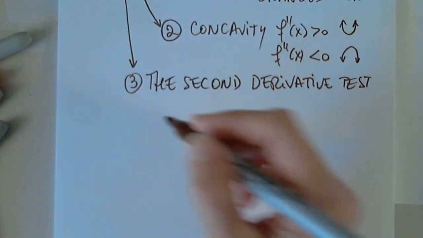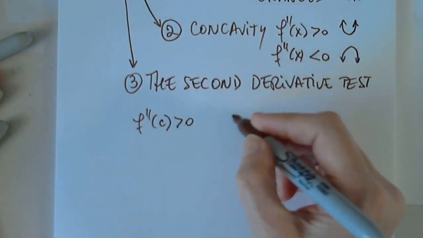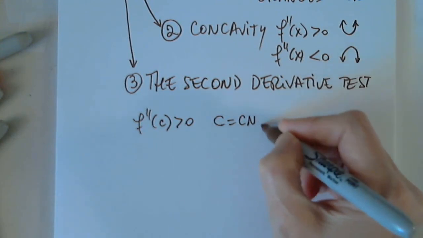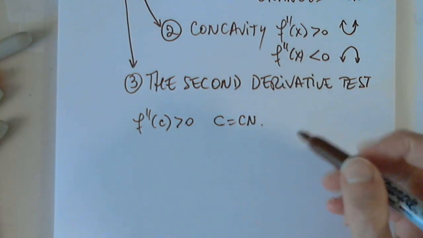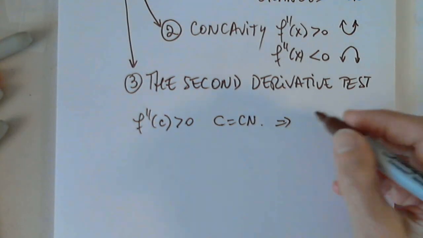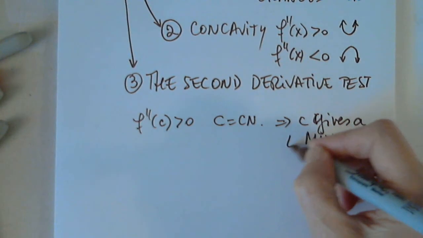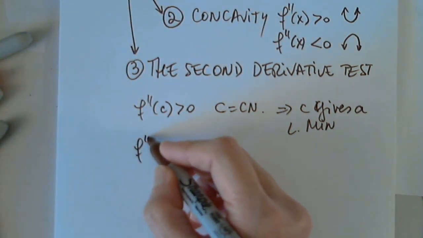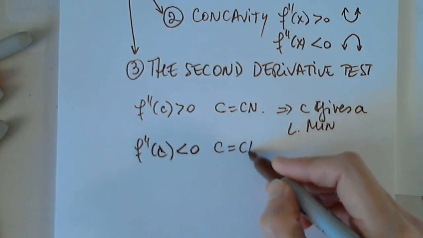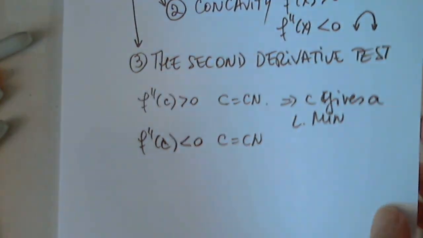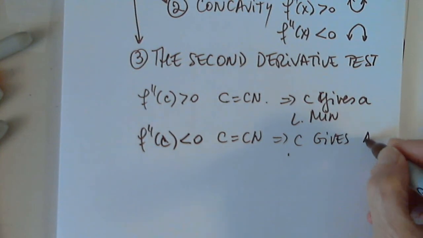So the second derivative test says that if the second derivative at C is positive and C is a critical number, then C gives a minimum, local minimum. And the other one, second derivative at C is negative, and C is a critical number, then C gives or is a local max.